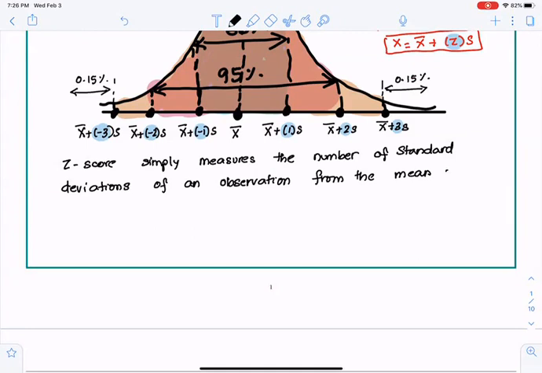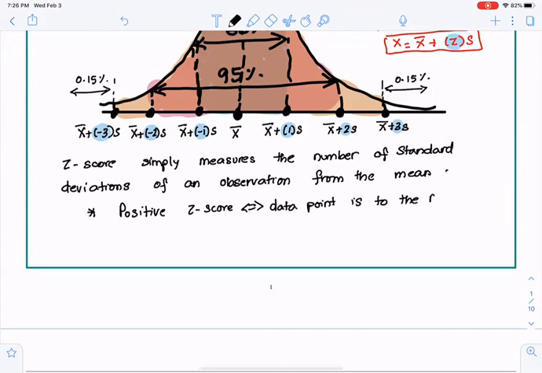So the sign indicates if it's to the right of the mean or to the left of the mean. A positive z-score would simply imply that the data point is to the right of the mean.